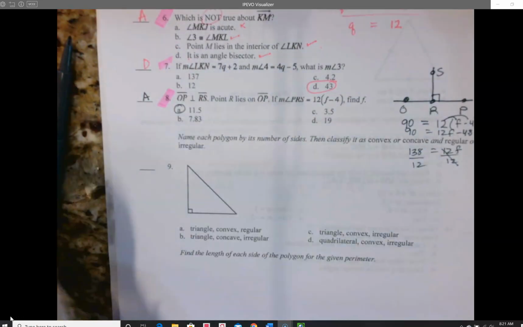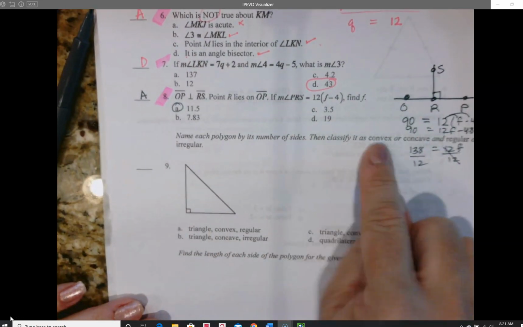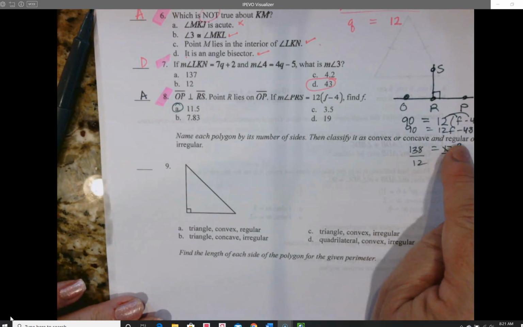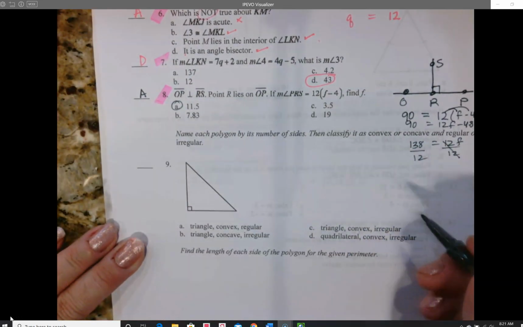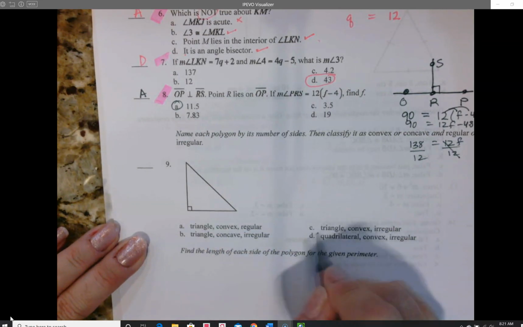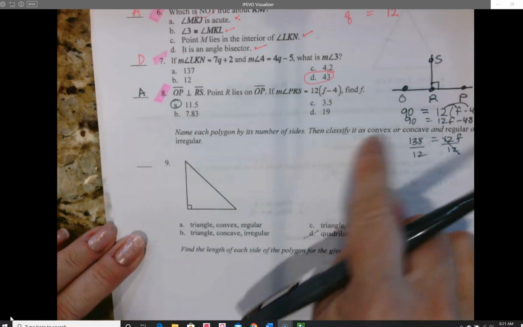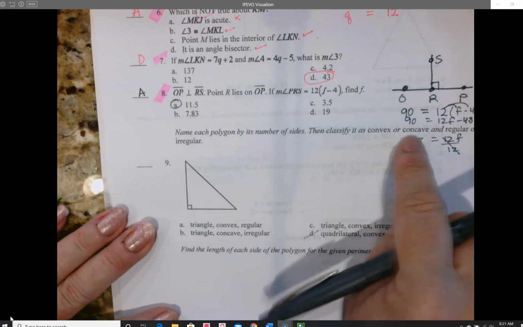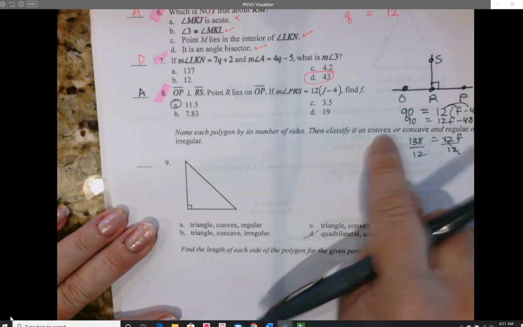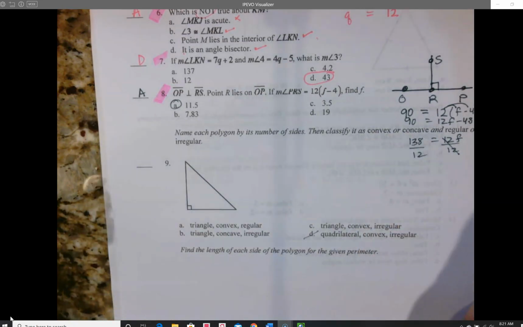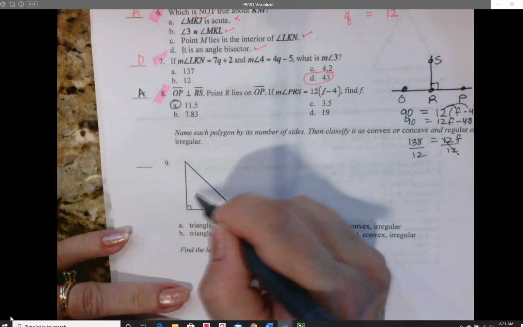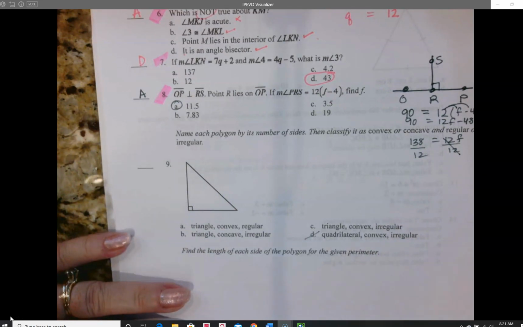Number 9, name each polygon by its number of sides, then classify as convex or concave, regular or irregular. So a 3-sided figure is a triangle, so automatically we can get rid of choice D. Convex or concave. Concave means it has a side that's caved in.